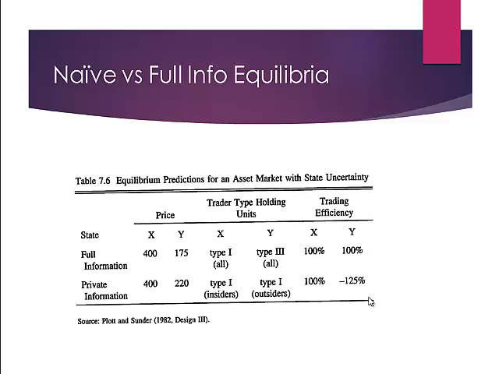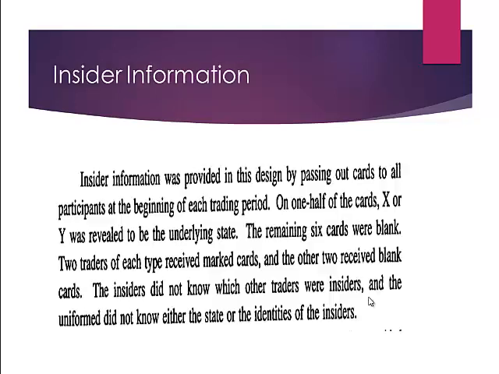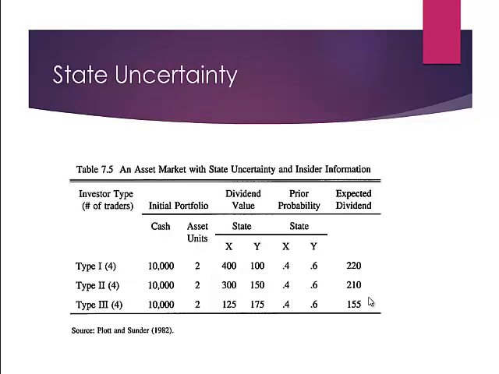And in state Y, the outsiders have the value 220, which is higher than 175, which is known in the Y state. So now they will actually make the mistake, assuming that, you see, in private information nobody knows about the information of others, so to them the value of the asset is 220, but the type 1 insiders know that the value is only 100, and so they will sell.